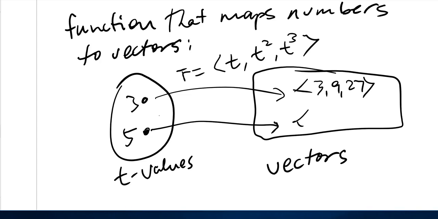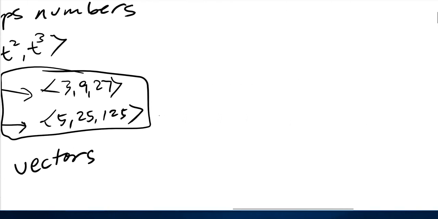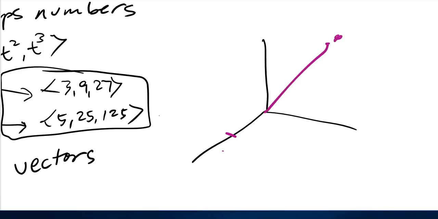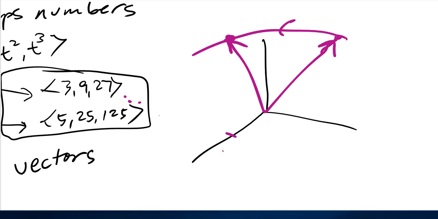And then for 5, you would get 5, 25, and 125. You would draw that point in space. So it might be a vector like this, and then your second vector might be a vector like this. And then you just connect the dots. You have a lot more of these, of course, and you have a space curve of some sort.